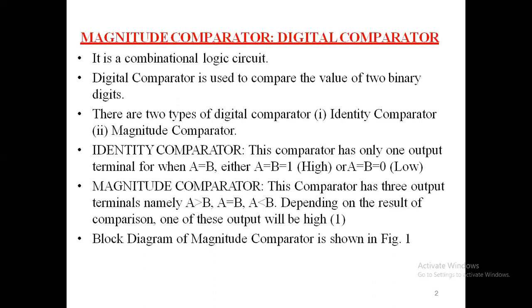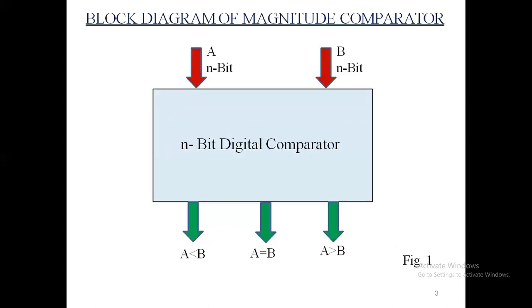So here we take the magnitude comparator to compare two values A and B. This is an n-bit digital comparator, performing the less than, equal to, and greater than comparisons.